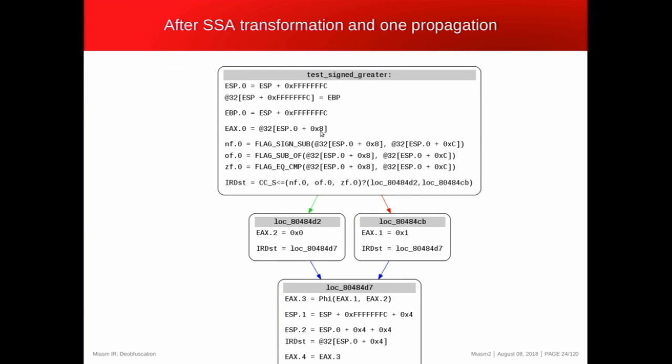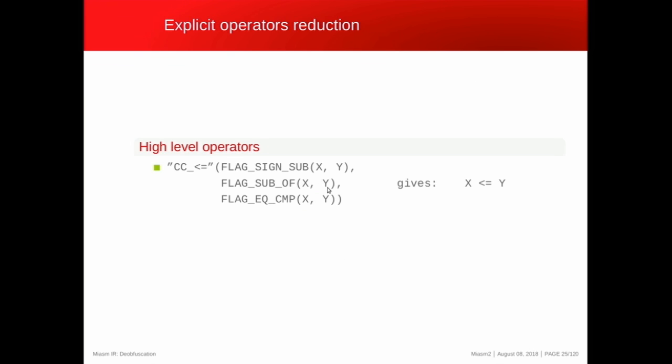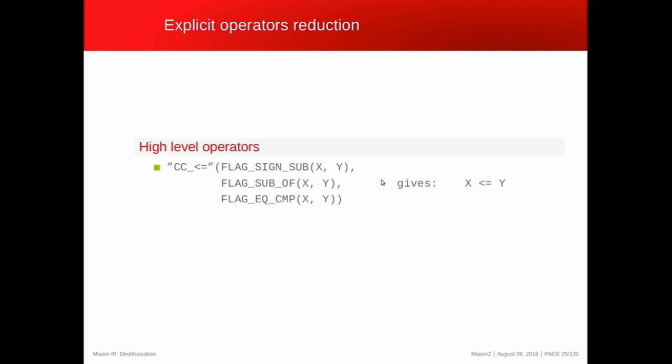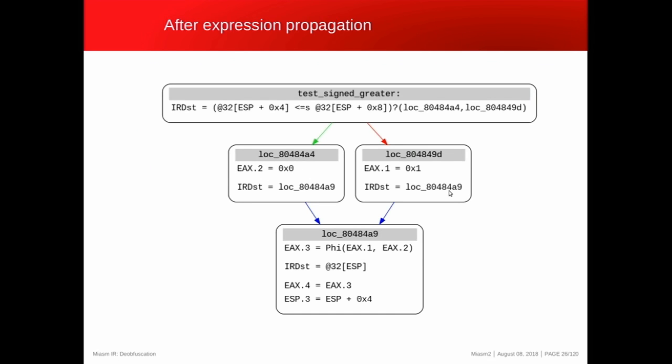So this is the first step, and the algorithm tries to find a fixed point. After this, it will take those equations and put them in the ERDST computation, so the operator here will obviously be very, very long. And we have some high-level reductions. For example, here we have a reduction that says that this operator with those sub-arguments can be reduced to this simple comparison. So we have the final code, which is given like this.